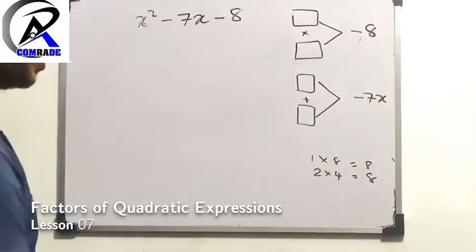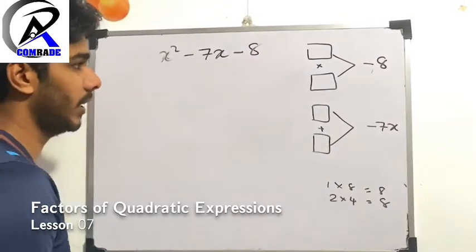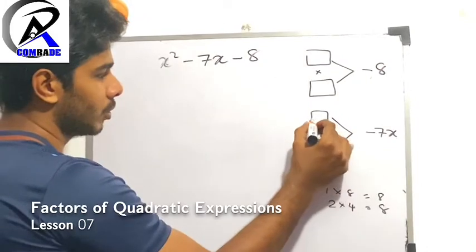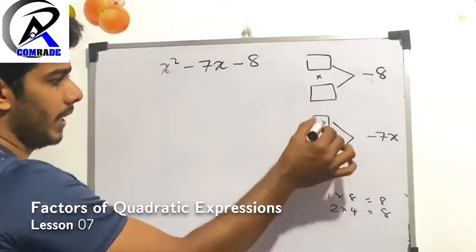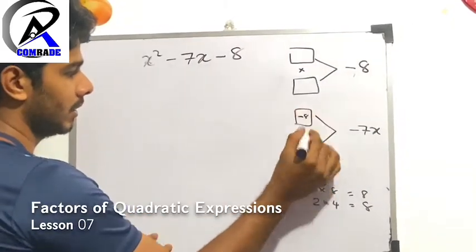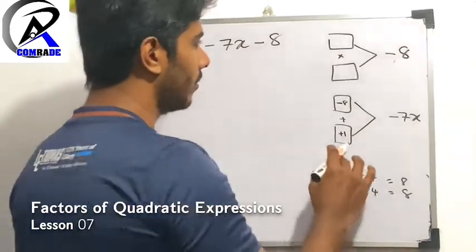So we're going to take 1 and 8, right? So 1 and 8, what do you have to do here? I want to make 7, so minus 8 plus 1, minus 7x, right? Minus 7, I can make minus 7.